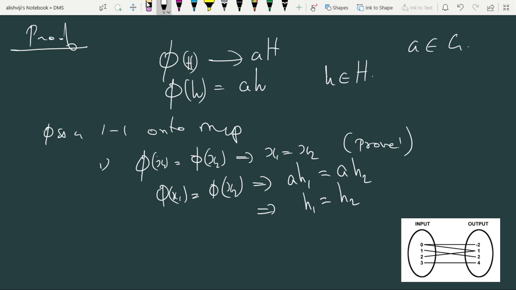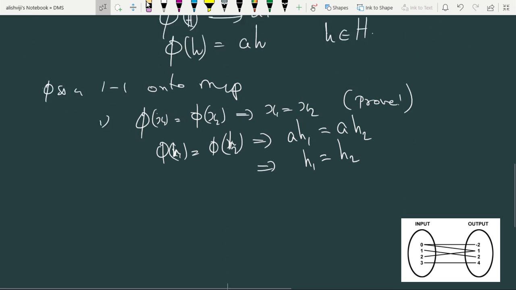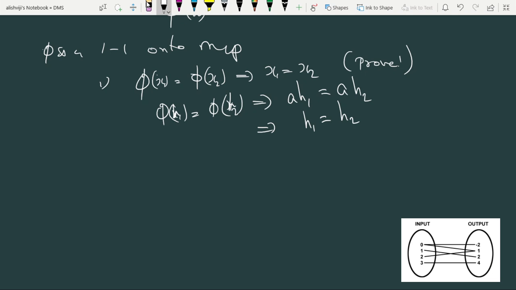So let's write like this: phi of h1 is equal to phi of h2 means h1 is equal to h2. That means it's a one-one mapping.